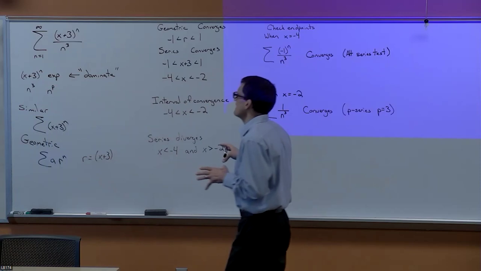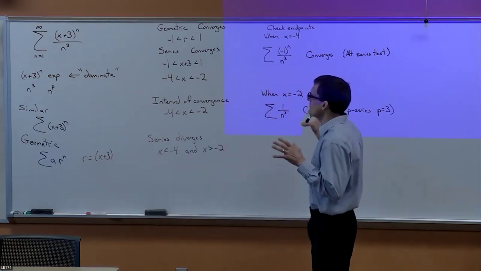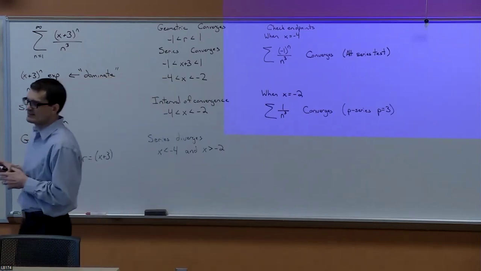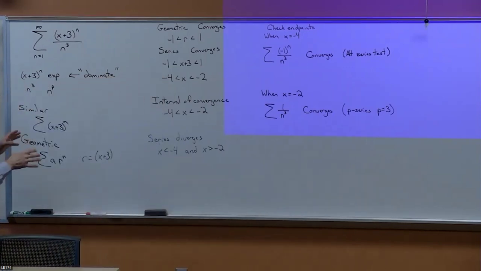So that's the idea of how we get those intervals of convergence, and the endpoints. We look for the type of growth that dominates.